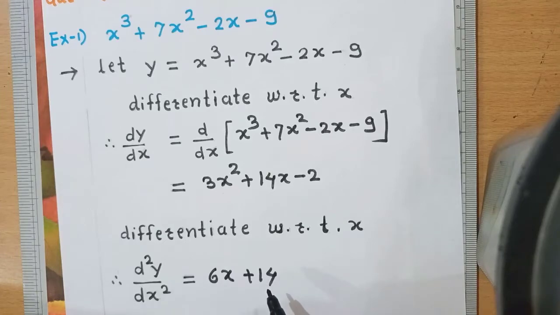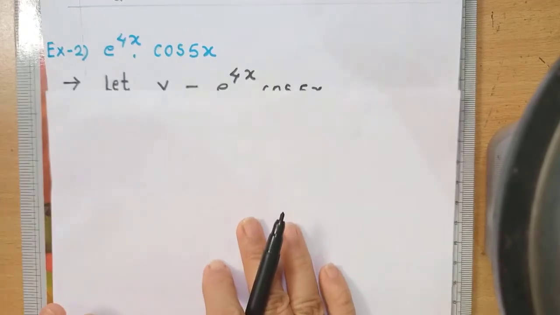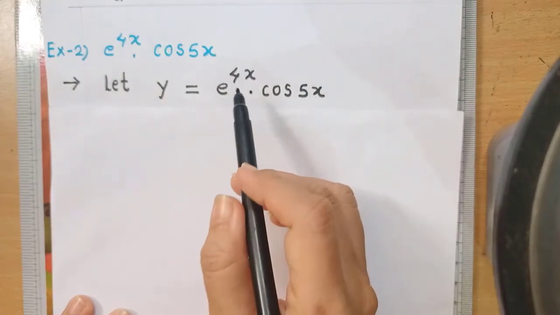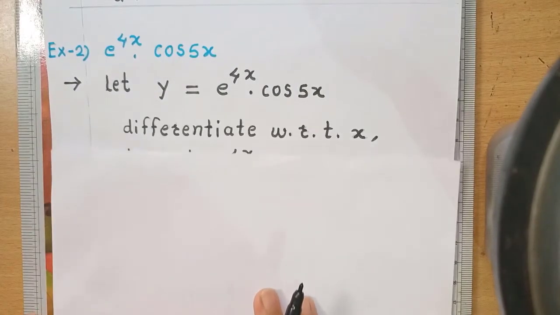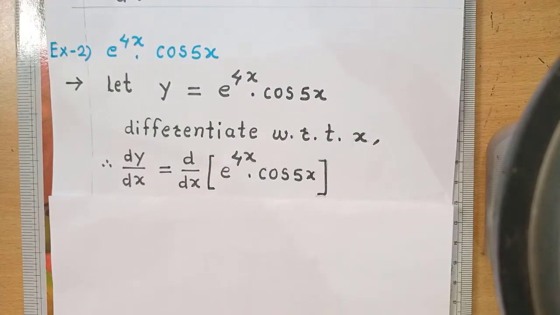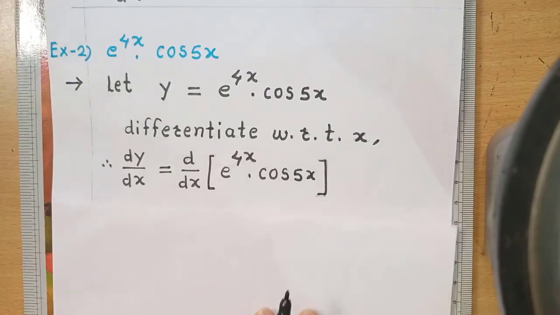Very easy, isn't it? Now let's solve the second example, and as usual our first step is let y is equal to the given function, and now differentiating this, we have d by dx of this function, which is a product of two functions. So we will use the product rule here.